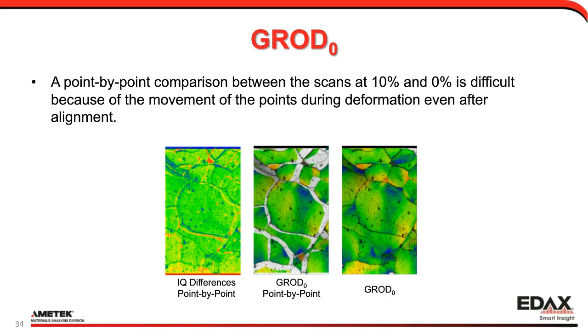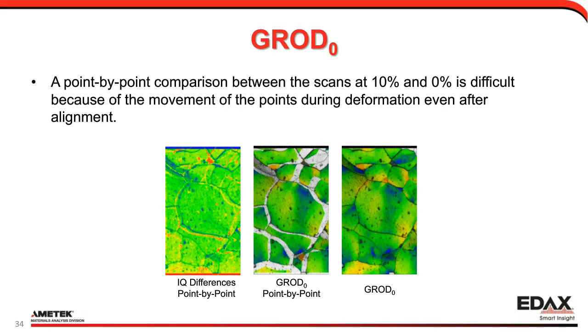It's a little easy in this case, because if I assume the GROD 0 is the same orientation within the grain, which it pretty much is at 0% strain, then I can use that. Now, if my starting material had more strain in it, I couldn't make that assumption.